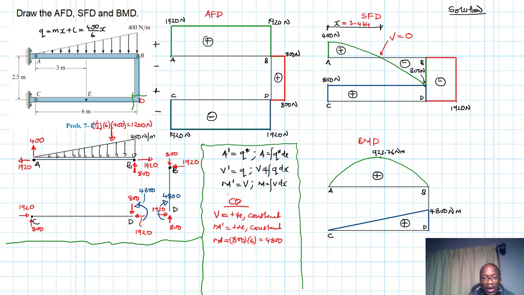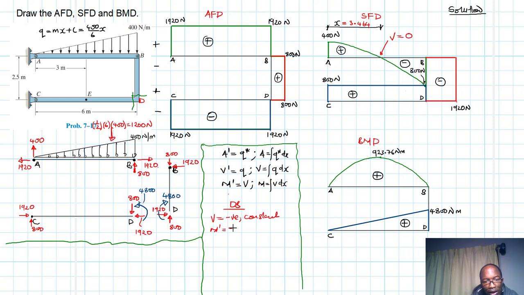Great. Then let's now do a plot quickly from D to B. Okay, what do we have? From D to B, we have shear, which is negative and constant.